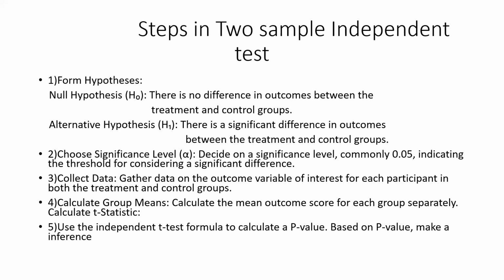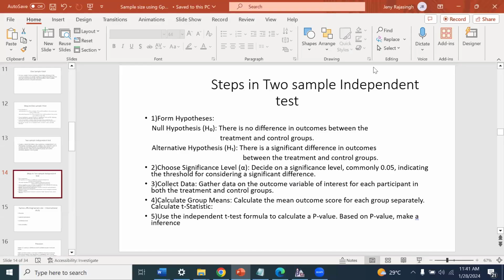In the upcoming slide, we will see what are all the factors which will impact the sample size calculation. Until this point, if you have any doubt, you can put your question in the chat box. I will wait for a minute. Otherwise, I will go to the next slide.